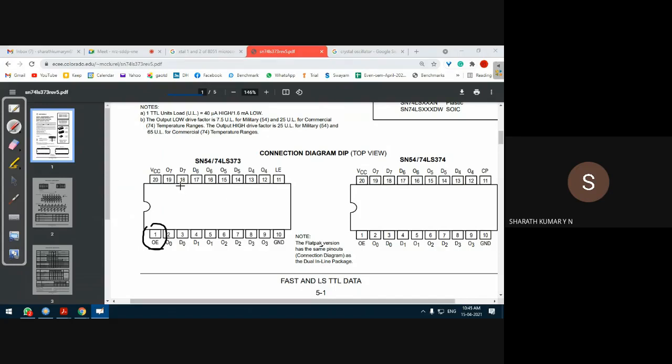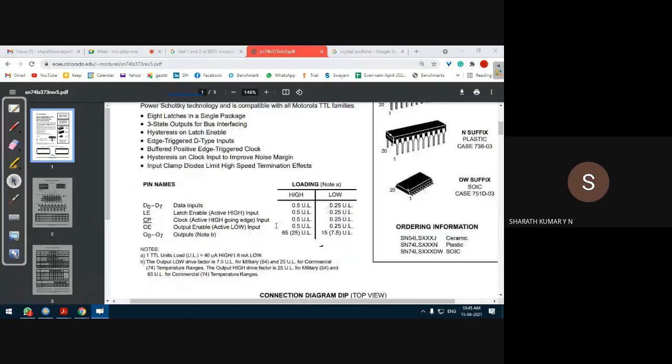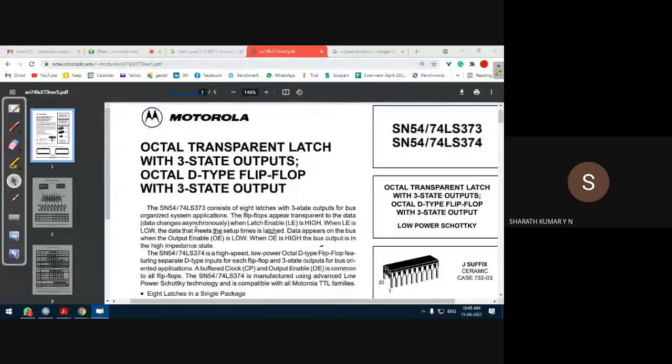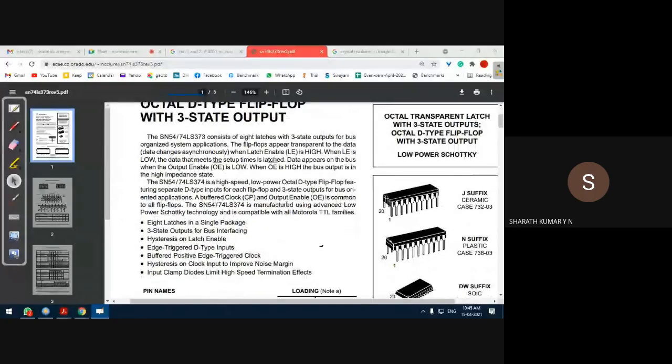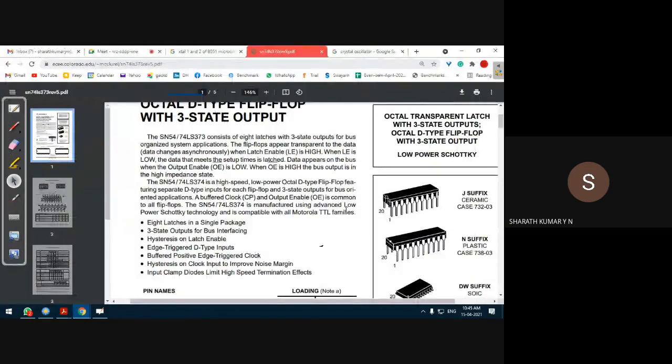There is an output enable pin, but where is the G pin? Just a second. They are not explained. In this material they clearly give the G pin of the 74LS373, but here there is no mention of the G pin.